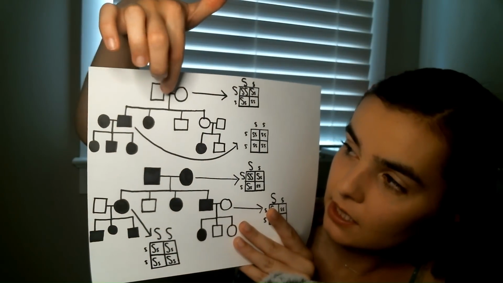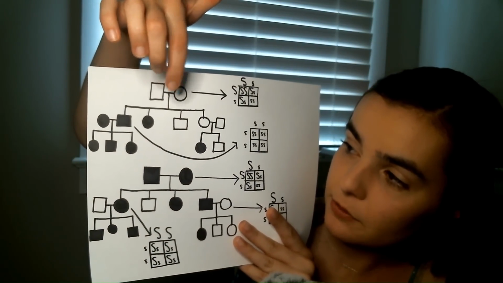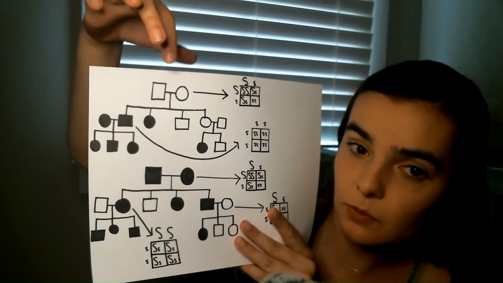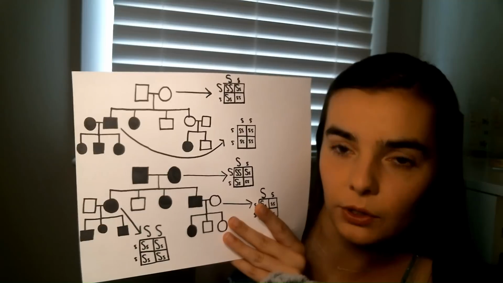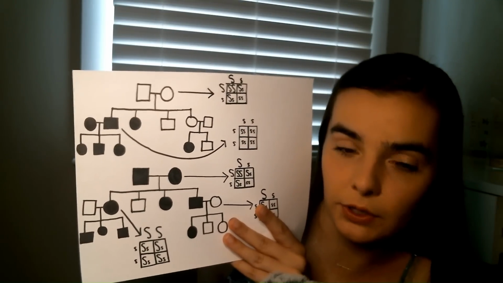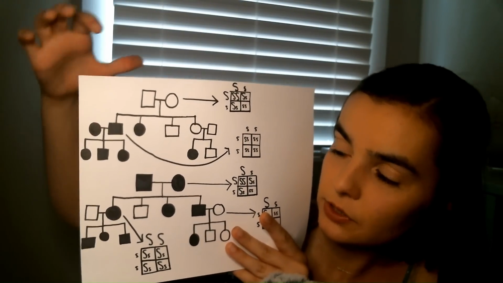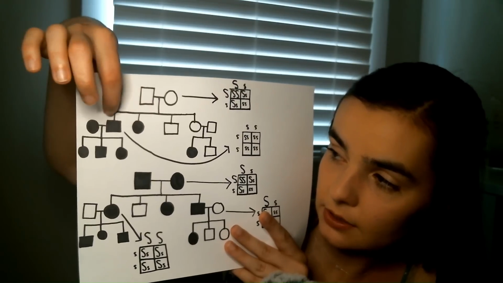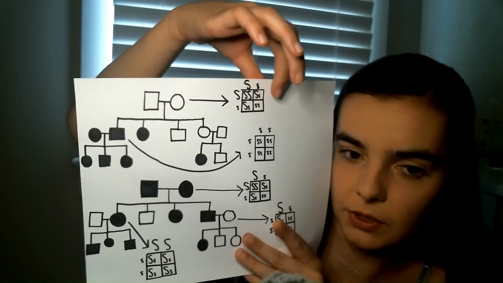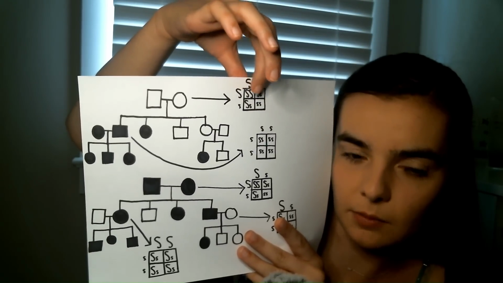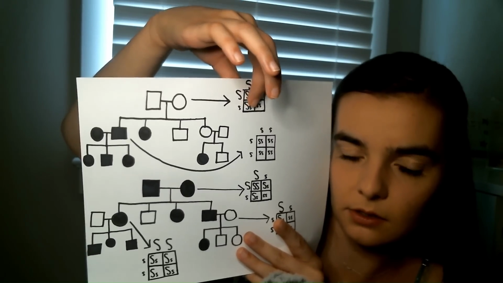With recessive, it is possible for them to have children that are not carriers at all, or kids that are carriers, or kids that are affected. We can see that these 2 kids are affected, and I drew the Punnett square for that up here, so homozygous dominant, heterozygous, and homozygous recessive.